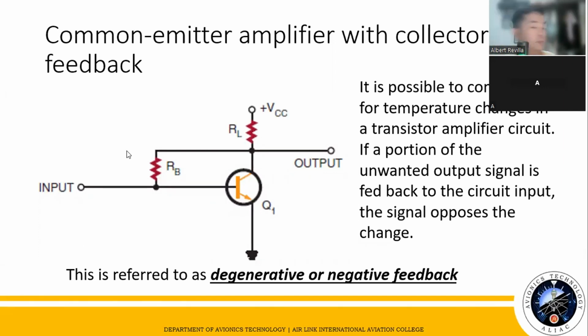So here, in the common emitter amplifier with collector feedback, so sinasabi dito, it is possible to compensate for the temperature change in a transistor amplifier circuit if a portion of unwanted output signal is fed back.